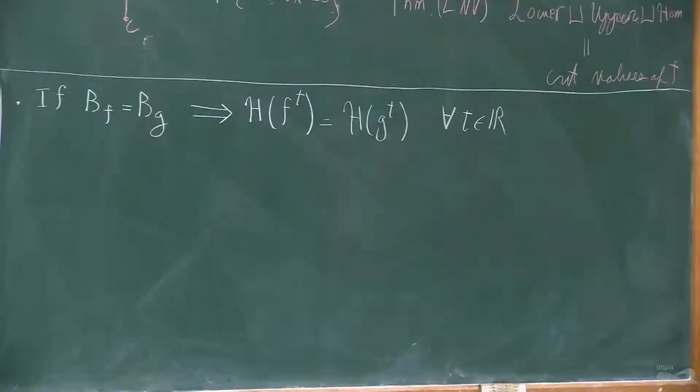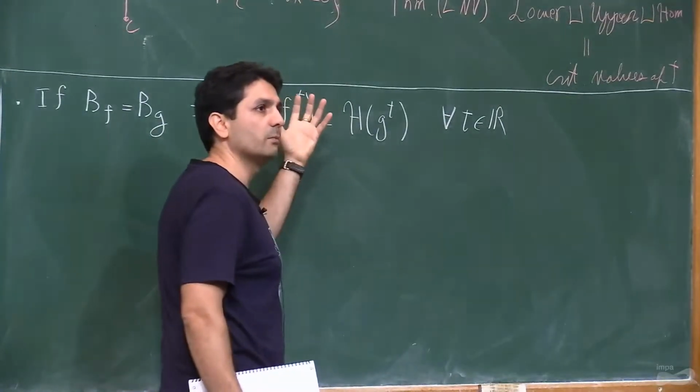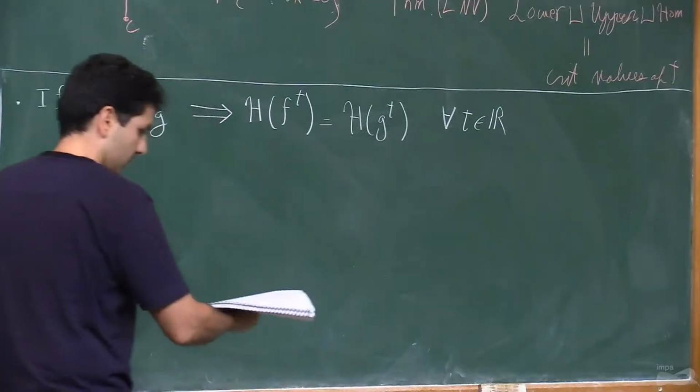It's actually just a combinatorial way of keeping track of all the information that's contained in the homologies of sublevel sets of f.